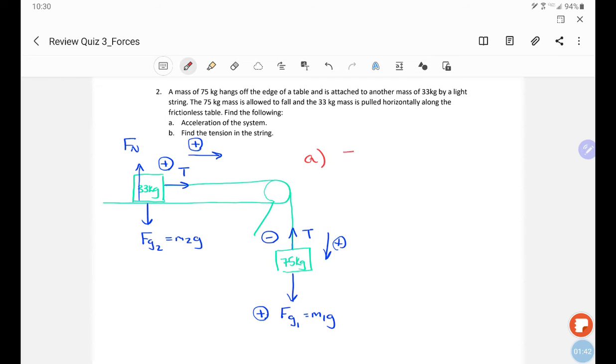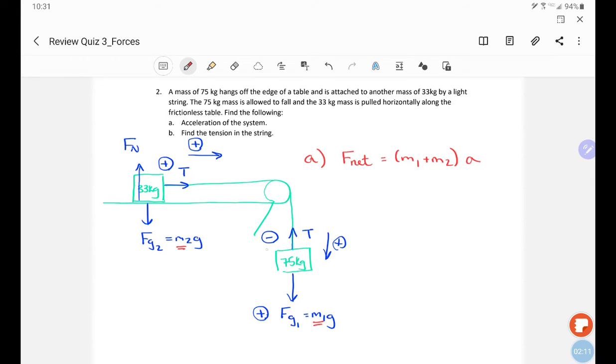If we write out F net for the system that contains both masses, I'll just label them as M1 plus M2 times A. M2 is going to be the 33 kilogram mass, and M1 is going to be the 75 kilogram mass, as I've denoted here. Net force for the system is the sum of all of the forces based on the sign convention we've established.